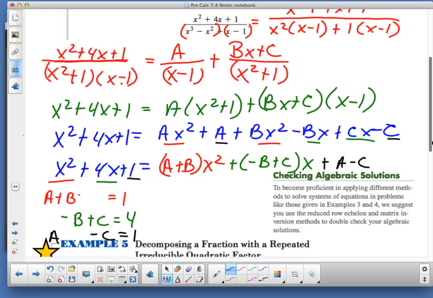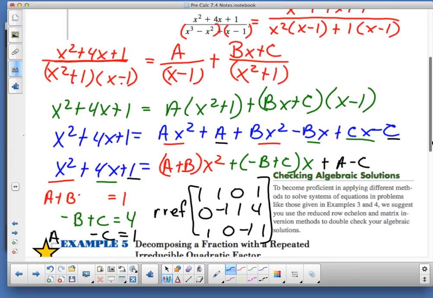Now I'm going to solve this in an augmented matrix, in reduced row echelon form. I'm putting this in an augmented matrix: 1, 1, 0, 1; 0, negative 1, 1, 4; and 1, 0, negative 1, 1.